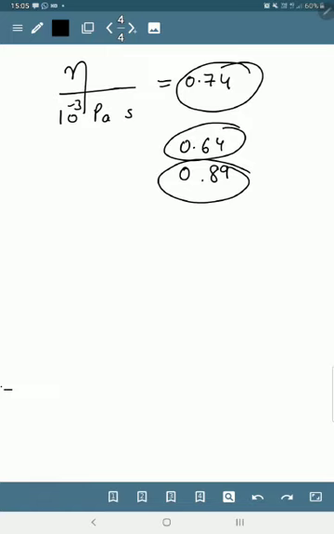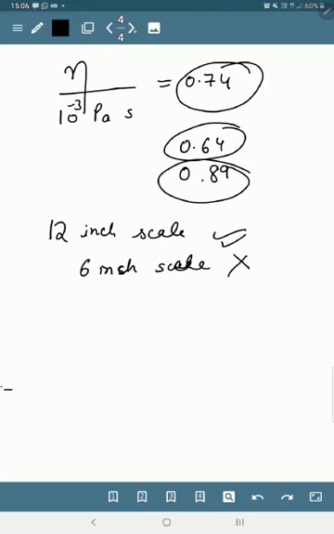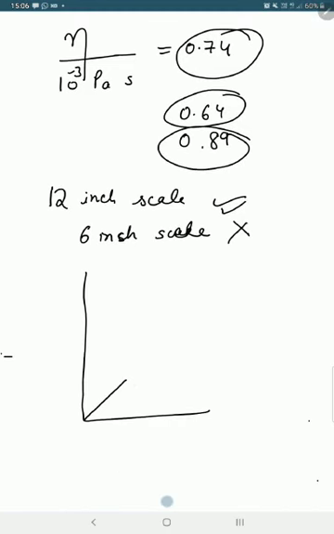Now, another important point that we wanted to talk about is that you always have to use a 12-inch scale. What happens is that when you use a 6-inch scale, sometimes when you're plotting a graph, you plot a graph like this, and then because your scale finished, you continue to plot the graph. So now to a teacher, this break is visible. Don't do that.